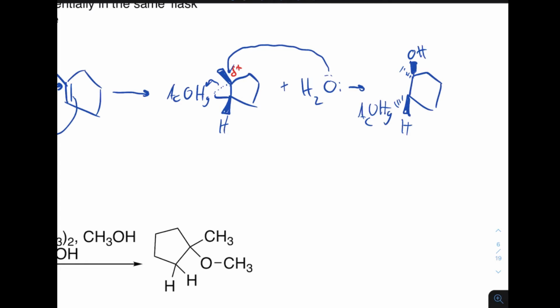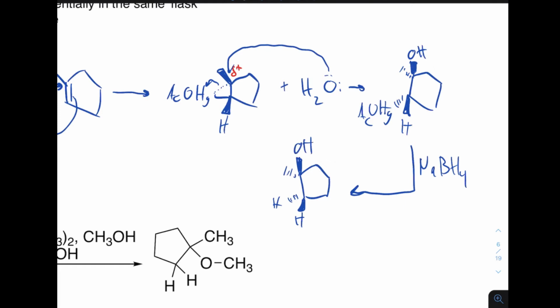What happens next is, with our sodium borohydride, this is actually more complicated than just having H- come in and exchange with mercury. So all I'm going to say is that in this last step, we just have the mercury exchange with a hydrogen. We're not going to worry about anything else, right? And that's how we get our product.